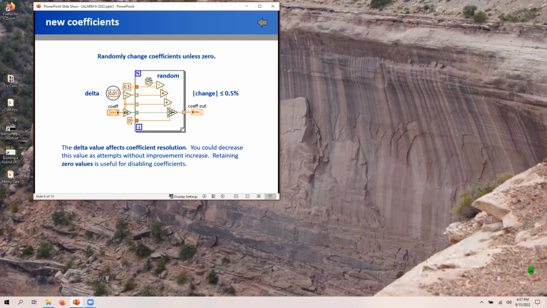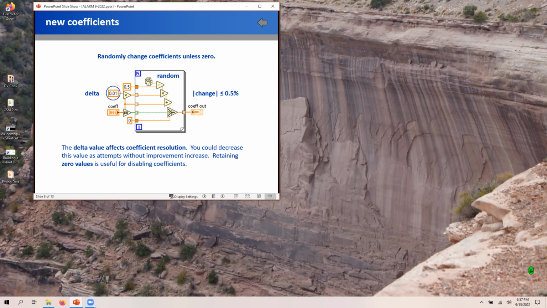I'm going to multiply that value by some delta, 0.01. So I'm taking 1% of the coefficient value, right? And then I'm going to multiply that by a random number that's between plus or minus 0.5. That's it. Okay. So I get essentially a perturbation on this coefficient of plus or minus 0.5% of its value, the way this is set up.